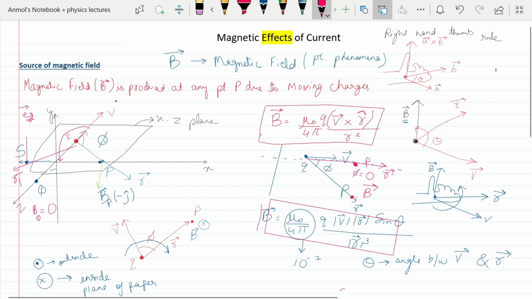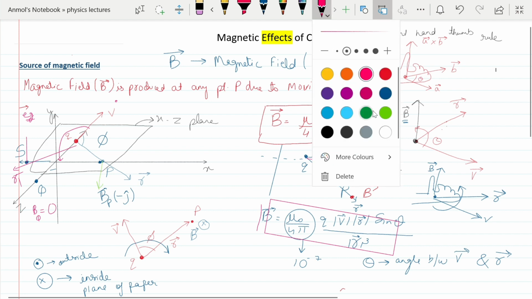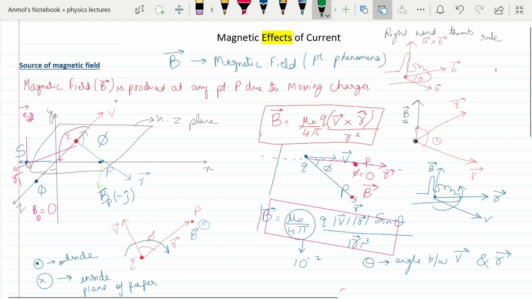So here the magnetic field, let me show it by the green pen itself. This is your magnetic field direction for point S. So it is upward. Here, see, it is downward. Here it is upward.